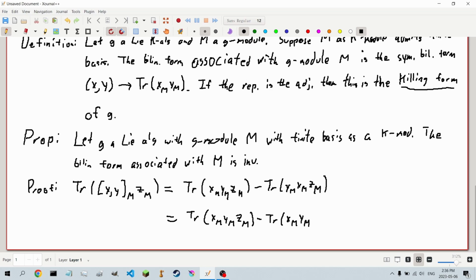I guess what they're doing is multiplying the left side by y_M inverse and the right side by y_M normally, and that's preserving the trace. I will trust that is true. I don't know that off the top of my head. And this, as we see, is just x_M, and then doing this last step in reverse, we get that the bracket has shifted over, which is good. That's what we want.